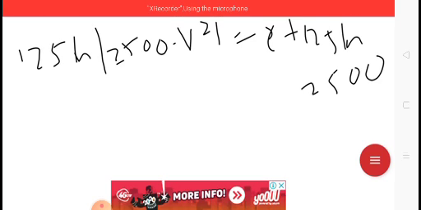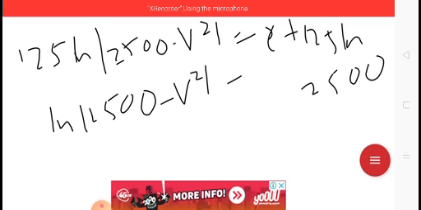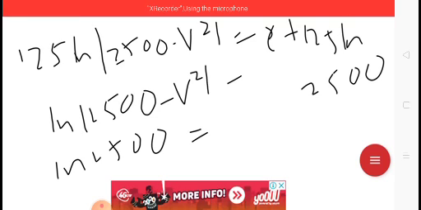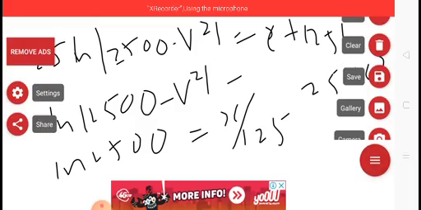So you may have ln modulus 2500 minus v squared minus ln 2500 is equal to x over 125. Right, simplify some more.